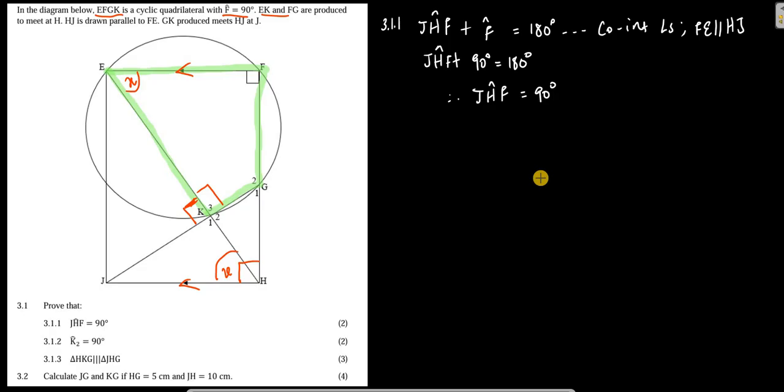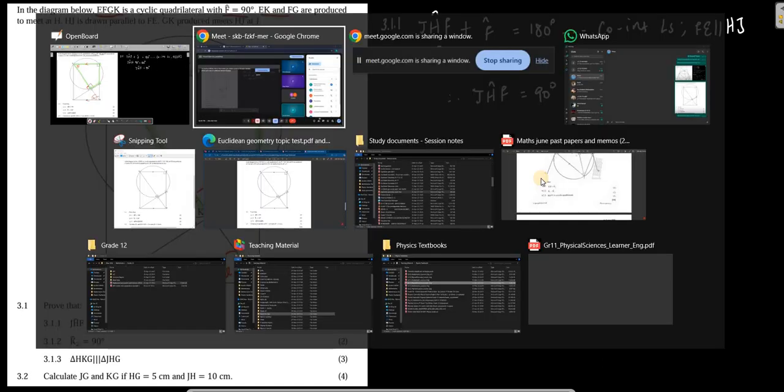Did we get it, guys? Let's see. Guys, we can't just say the angles are equal, then say co-interior angles. When you talk about co-interior angles, you must show the plus sign. You must show the addition. You must show that you are adding them.